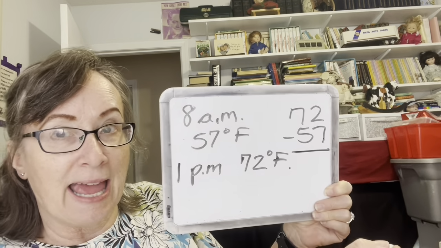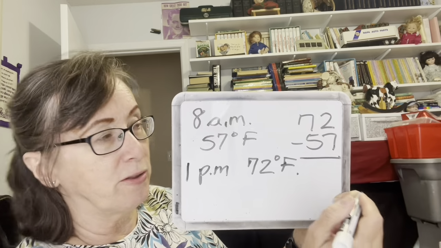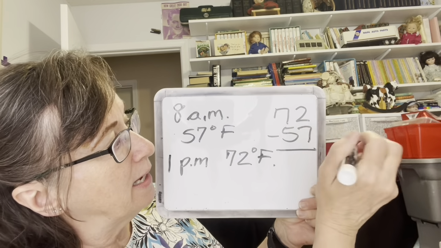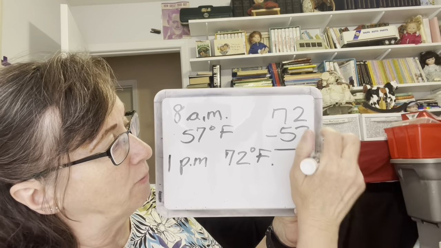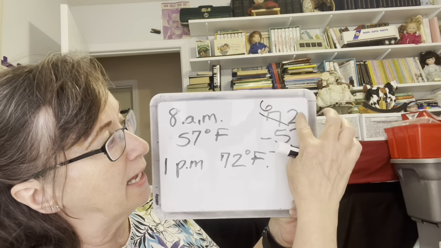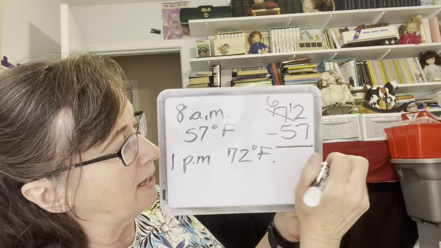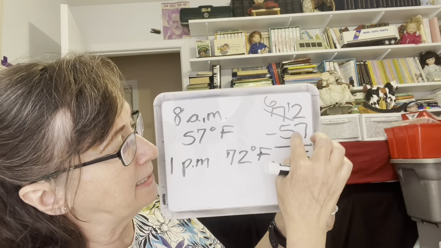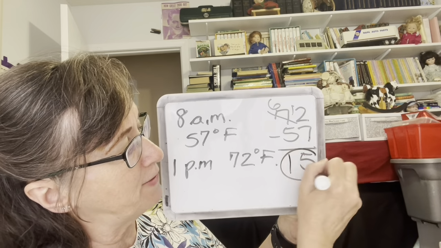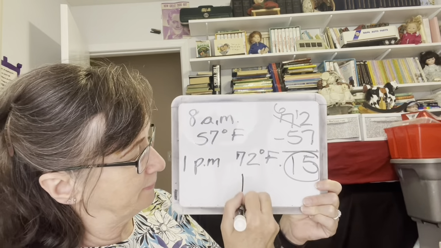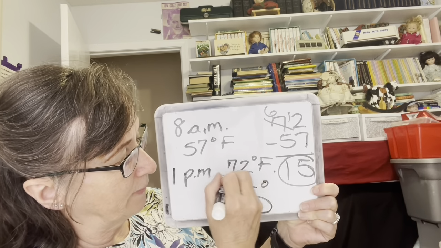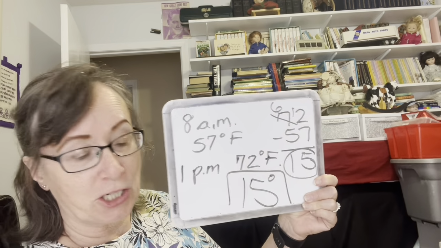Won't that tell us how much change there was in between? How many degrees? So 12 take away 7. We're going to have to borrow here to make that 6. 12 take away 7 is 5. 6 take away 5 is 1. 15 degrees is the temperature change.